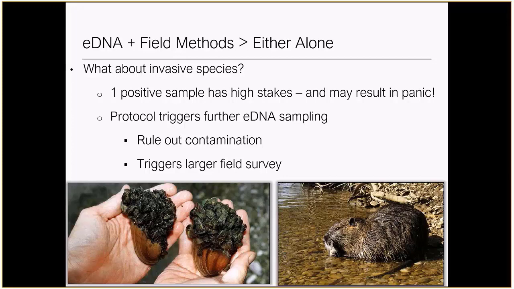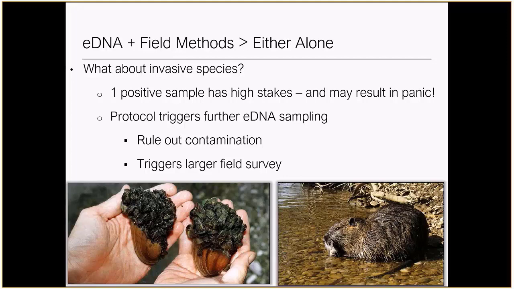But I would say if you're going this approach, there needs to be some pretty strict protocols in place for how to deal with that positive sample because contamination issues can be high. And this method's not perfect, of course. So this should just trigger further eDNA sampling within that area, surrounding where the positive hit was. We need to rule out contamination and then probably trigger a larger field survey as well.